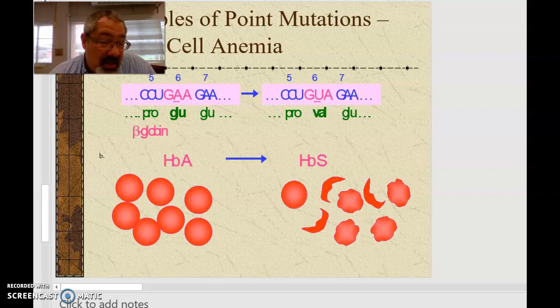That's a missense mutation, and this results in a different form of the protein hemoglobin, which results in some of the blood cells being deformed, and their capacity to carry oxygen is reduced. So we refer to this pleiotropic condition as sickle cell anemia because it has a multitude of effects on the human body.